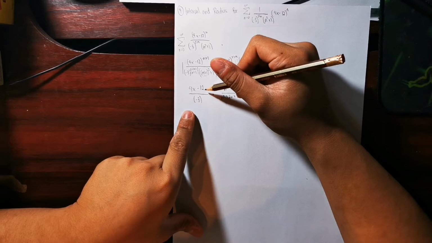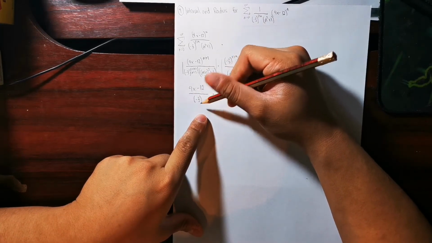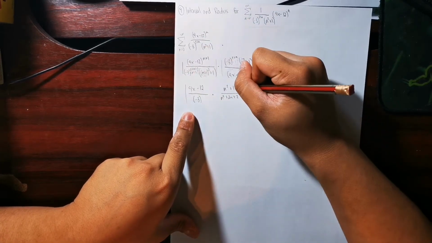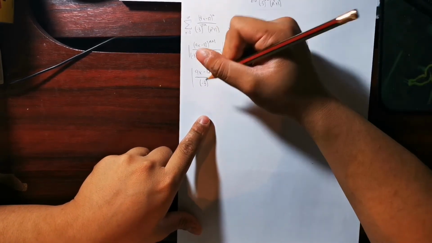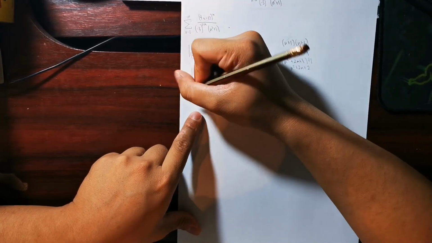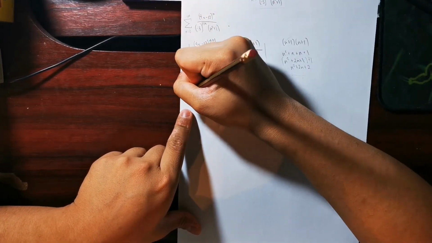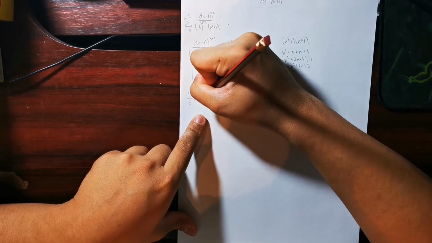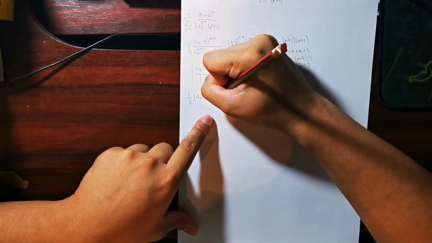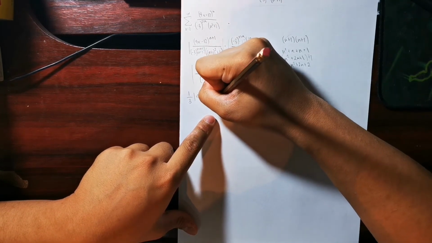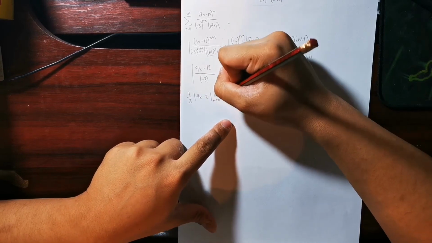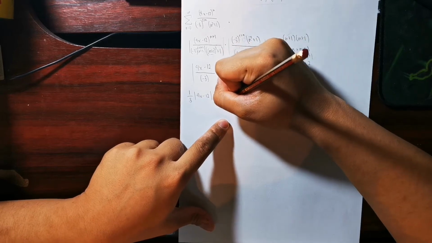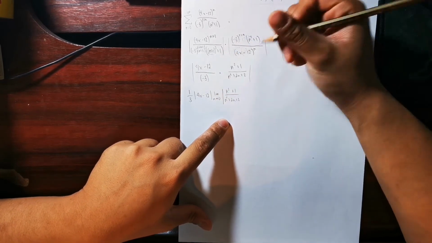And now we have to isolate the term with the x variable from the n term. Now we will be left with 1 over 3 times the absolute value of 4x minus 12, times the limit as n approaches infinity of n squared plus 1 over n squared plus 2n plus 2.